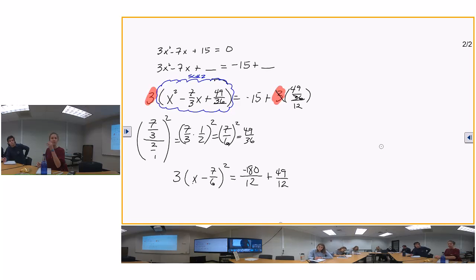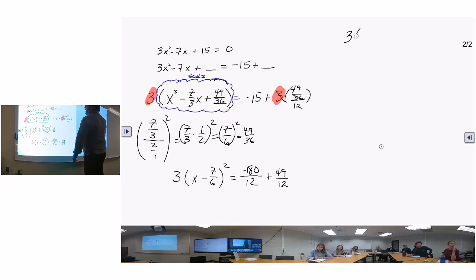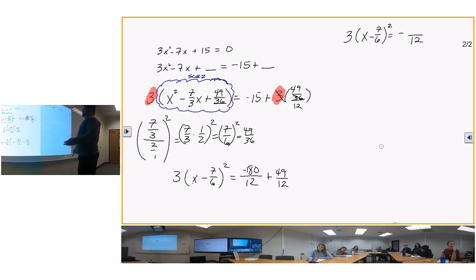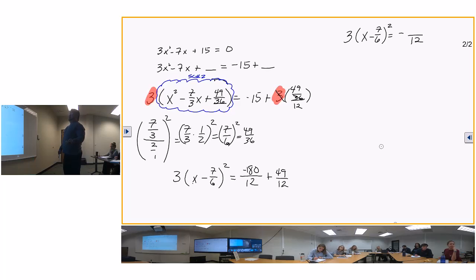And that's going to give us 3 times x minus 7 over 6 quantity squared. What do you get? Somebody subtract negative 180 plus 49. It's negative 131. Thank you.